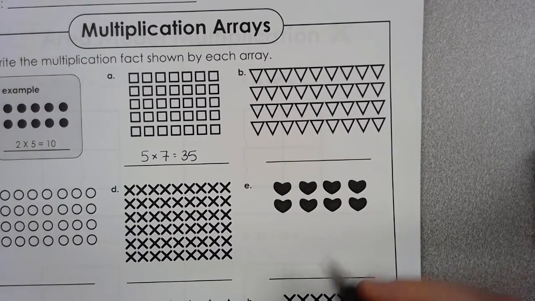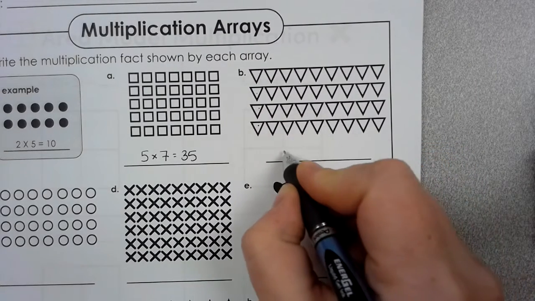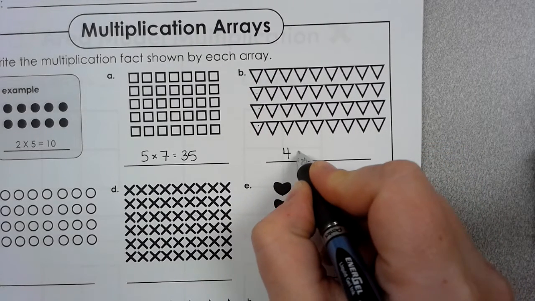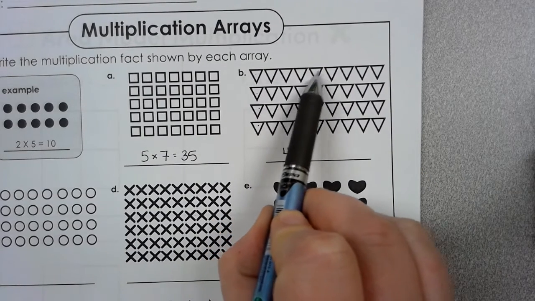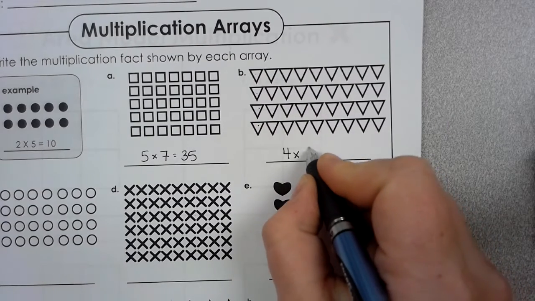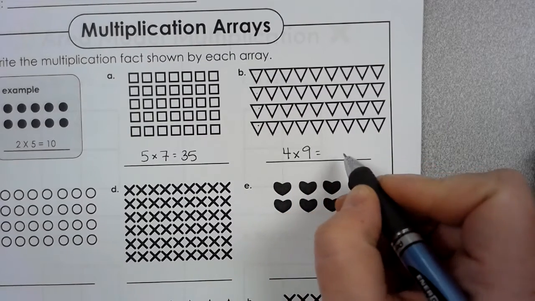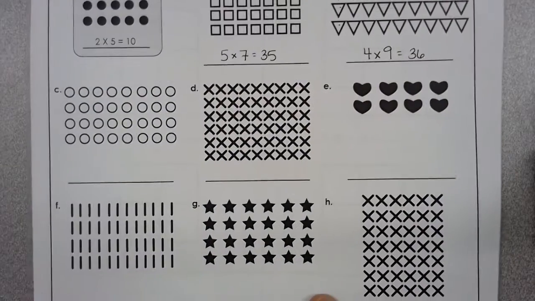All right, the next one, letter B, we have 4 rows of 9. You should know 4 times 9 is 36.